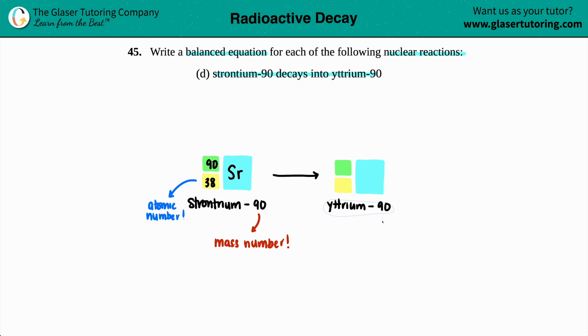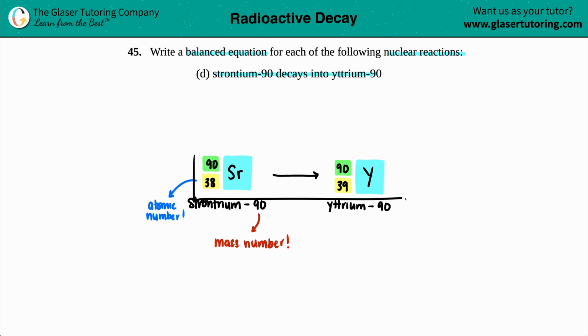And yttrium is just letter Y. Why? I don't know. Just a Y. So it's capital Y. They told us that it's 90, so the mass number is 90. And now I have to look on the periodic table to know what atomic number yttrium is. And it's right next to strontium, it's 39.